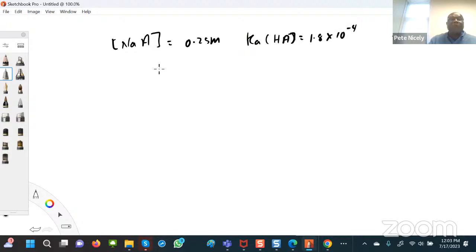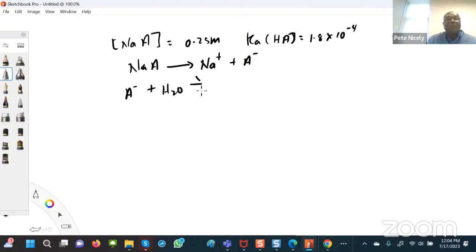So we know that when sodium formate is added to water, it dissociates to form Na+ and A-. And then the A-, being a conjugate base, will react with water to form HA and OH-.